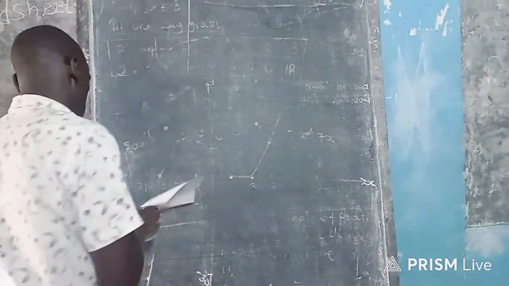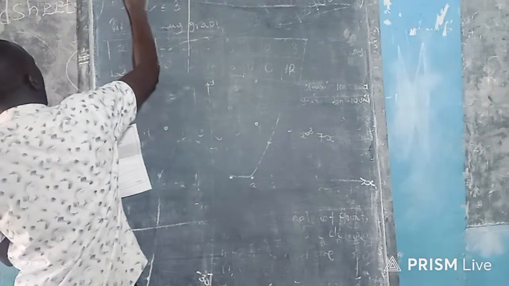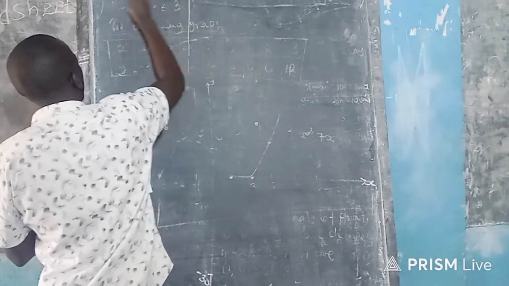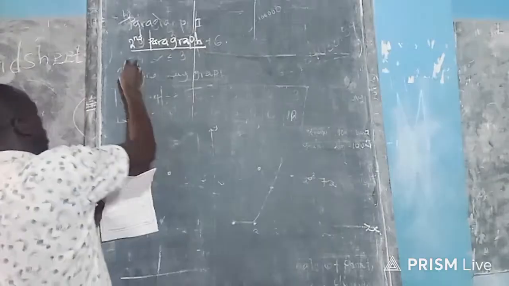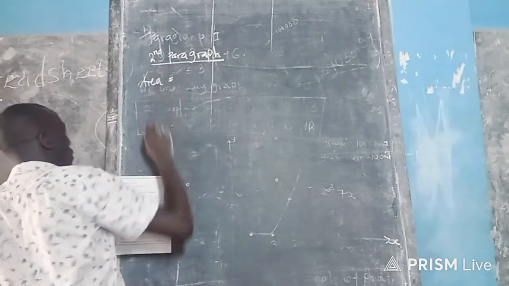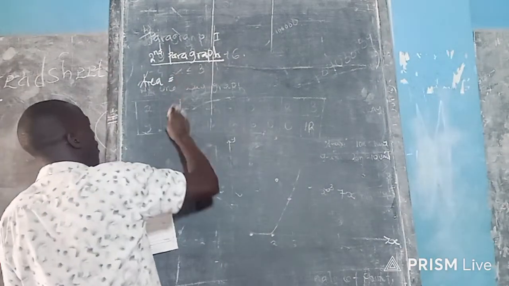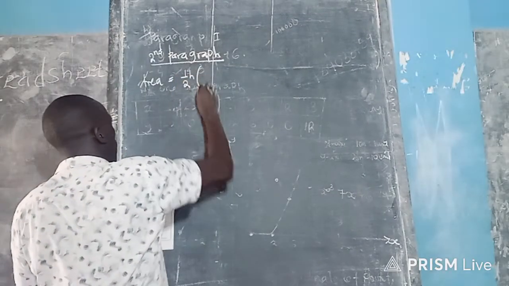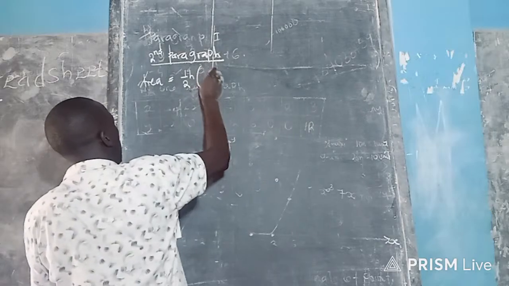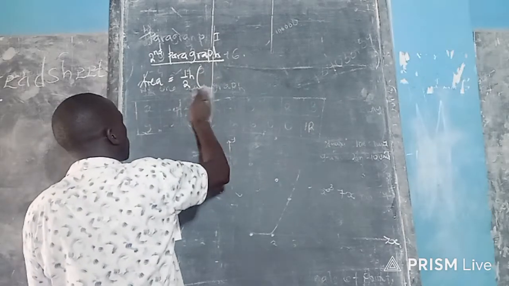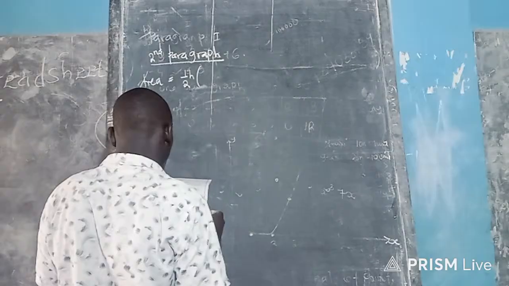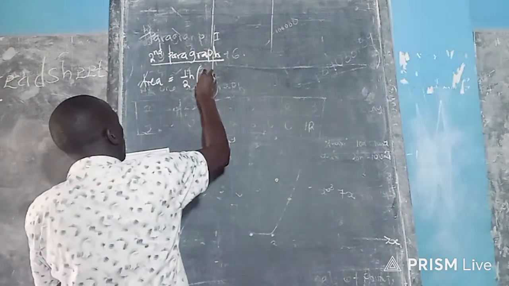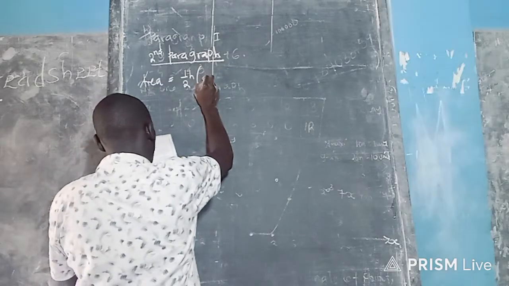For our second paragraph, we are going to say the area that is the energy given by getting out, say, of 8, half of that.